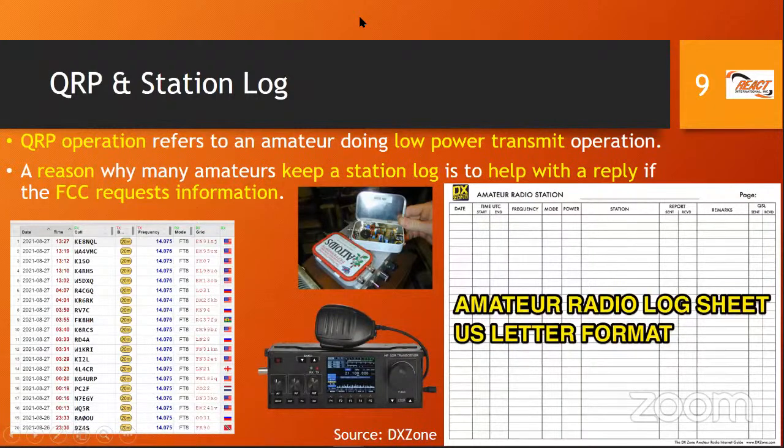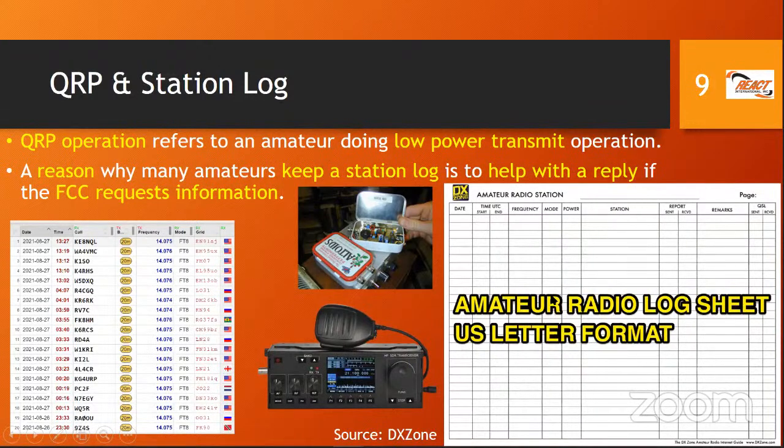Okay, so the next thing that we need to know about is the concept of station logs. So there are a couple of ways to do the station logs. On the right-hand side here is an example of a station log.